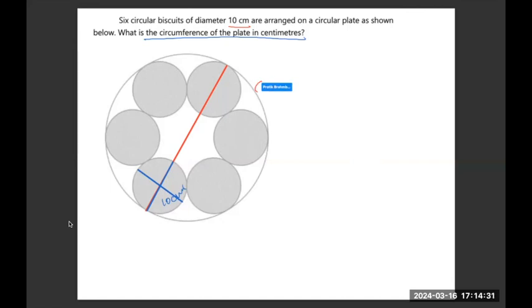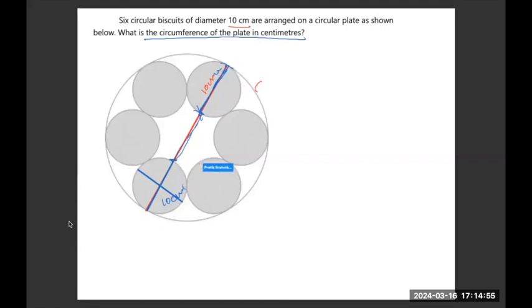Now, in any case, when you have a situation like this, what I know in this case is that this much part is 10 centimeters. All I need to find is the middle distance that is there.